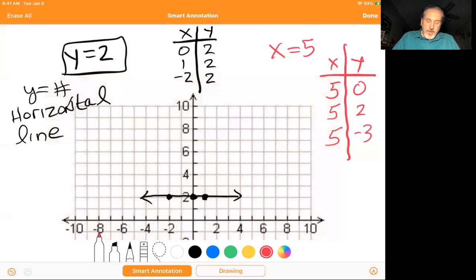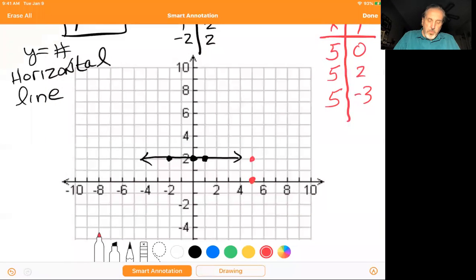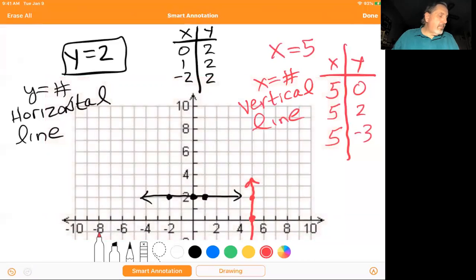So when you graph 5, 0, 5, 2, 5, -3, you can see that you have a vertical line. So anytime you have x equals some number, that will be a vertical line. All right? Again, pretty straightforward.